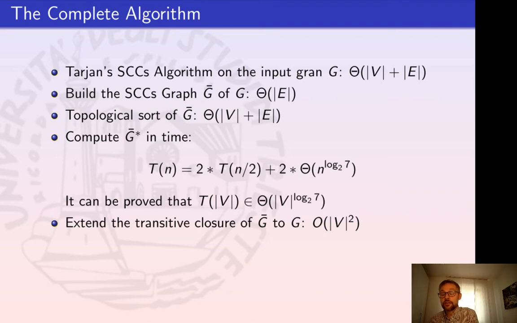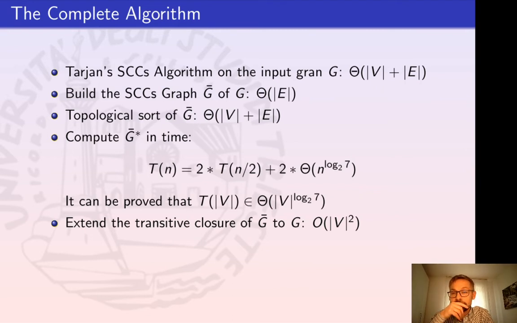So every node in a strongly connected component will be able to reach every node reachable in the collapsed graph corresponding to that strongly connected component.